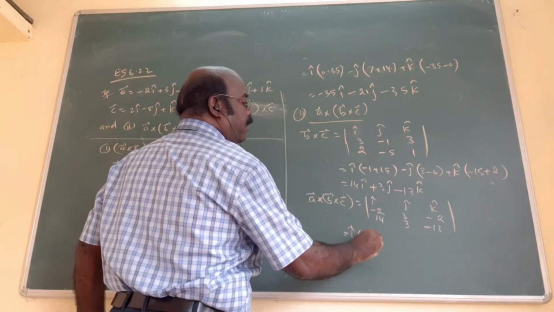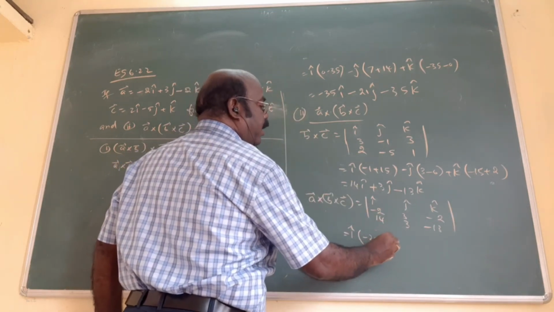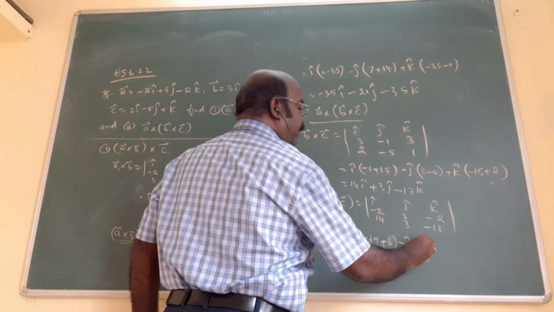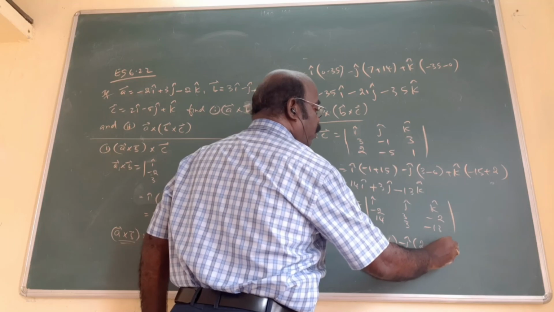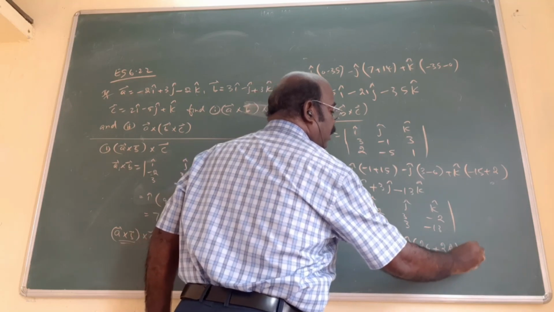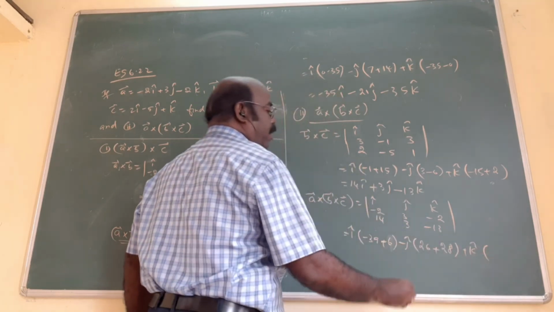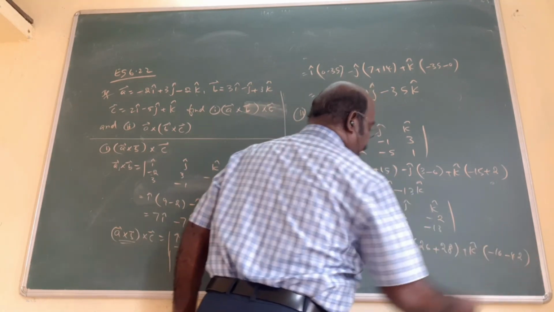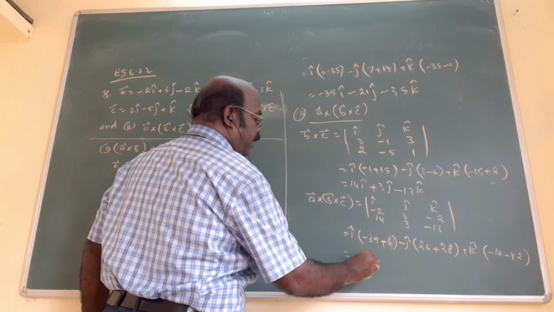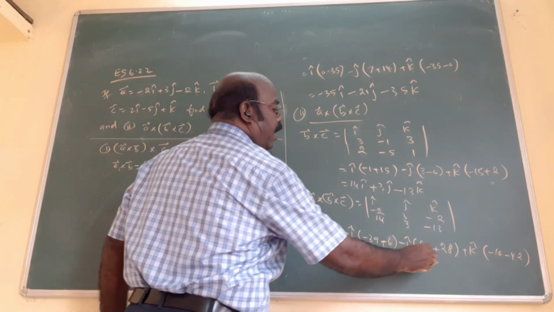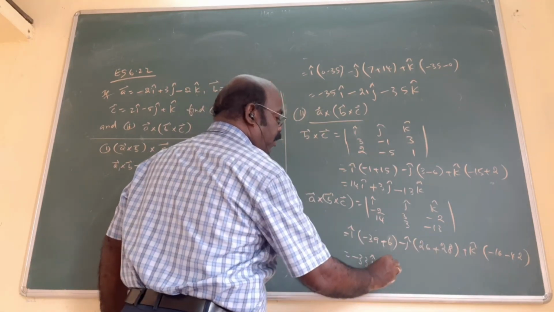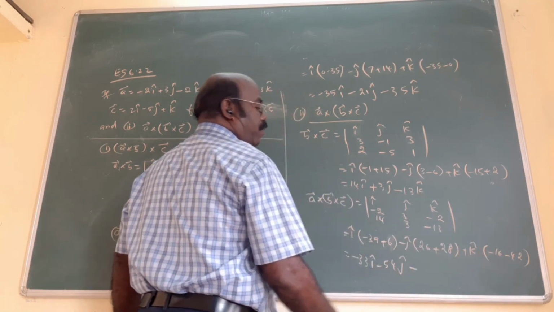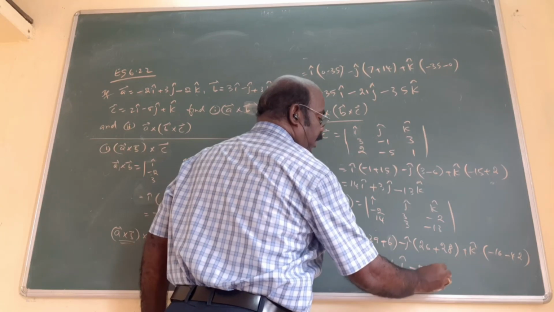Now i cap into minus 39 plus 6, minus j cap into 26 plus 28, plus k cap into minus 6 minus 42. Now adding: minus 33 i cap, minus 54 j cap, minus 58 k cap.